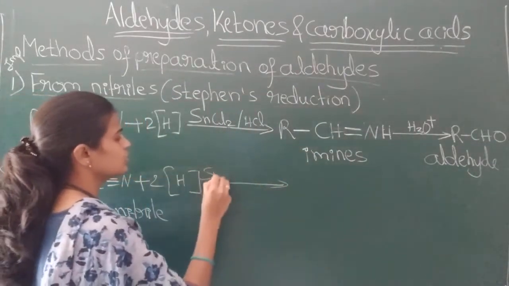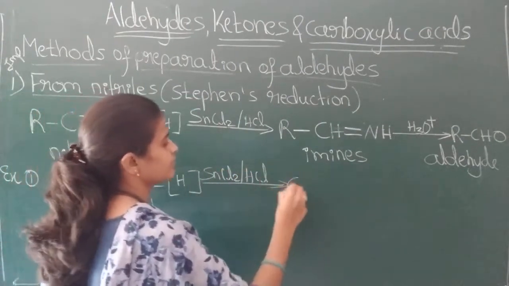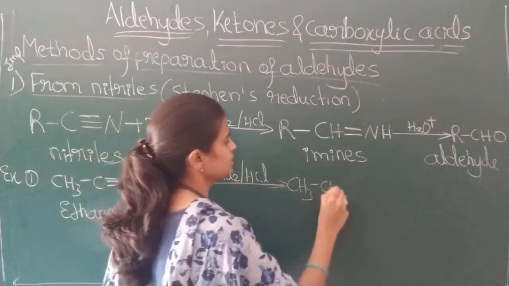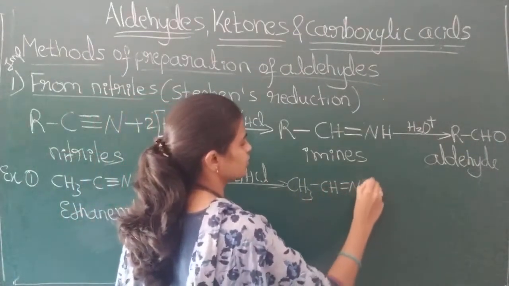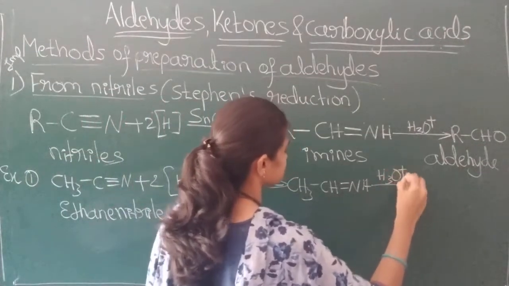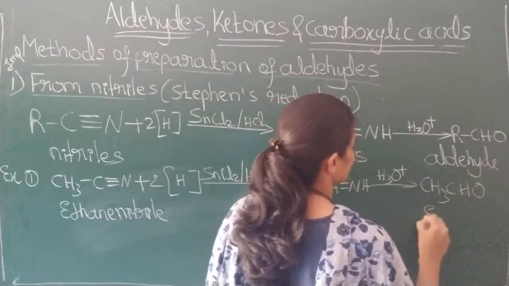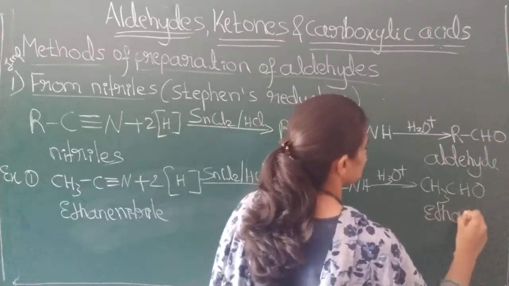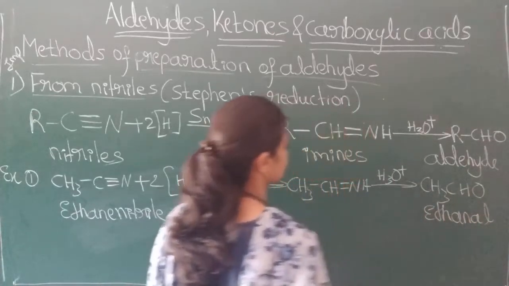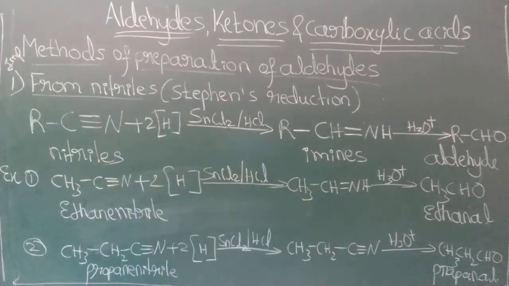When it undergoes reduction, two hydrogens are added and it forms CH3-CH double bond NH. On acid hydrolysis, we get CH3-CHO, which is ethanal. Students, the second example I have also written here.